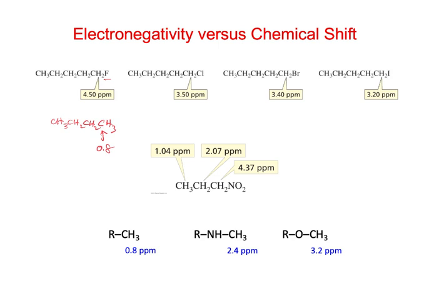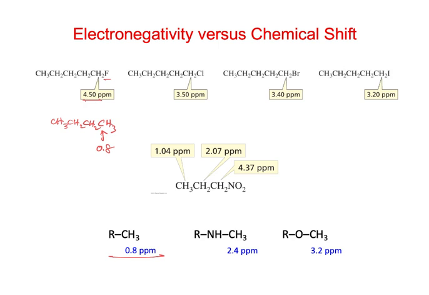If we put a fluorine, the most electronegative, it pulls a lot of electron density away and de-shields all the way down to 4.5. The less electronegative, the less de-shielding. Here's the one I already had there, and this was just a variety.